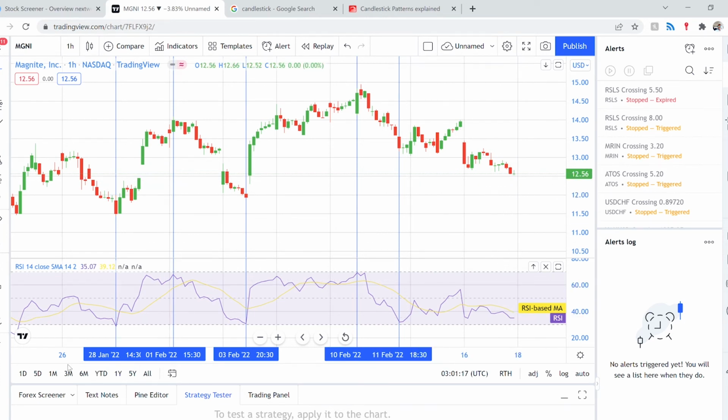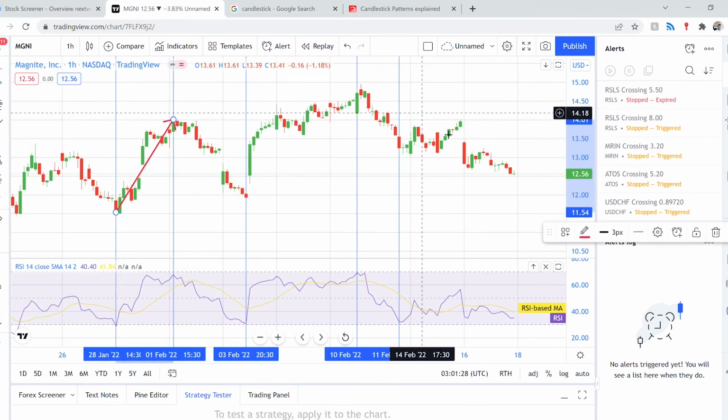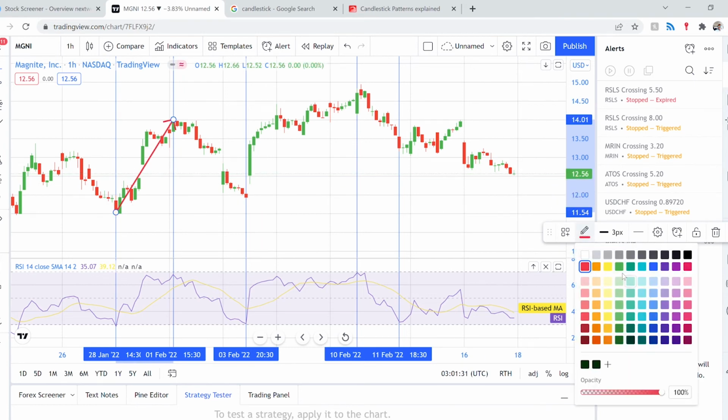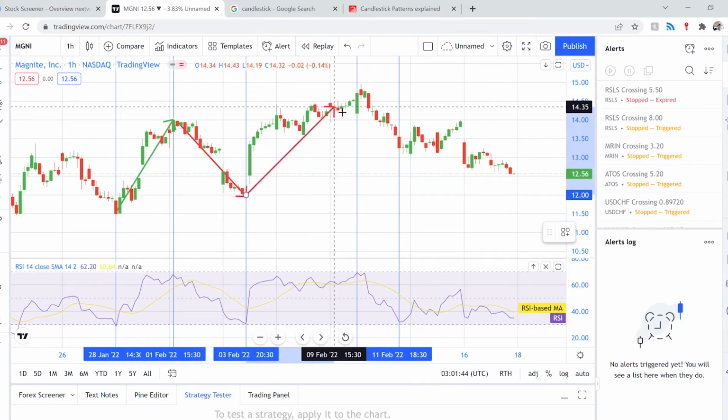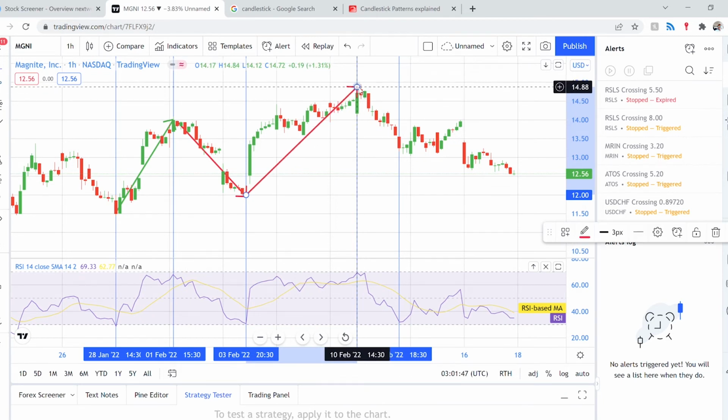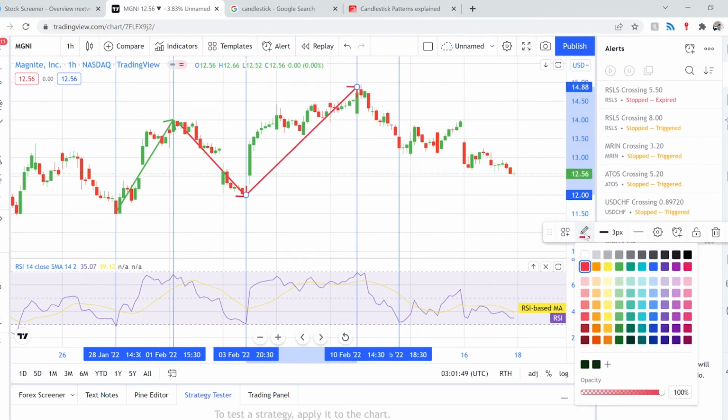Okay, and as you can see, there are some trend lines going. I'll just use one of these again. From here to here is a trend, let me use green for that. From here to here is a trend, and I'll use red. From here to here, green.